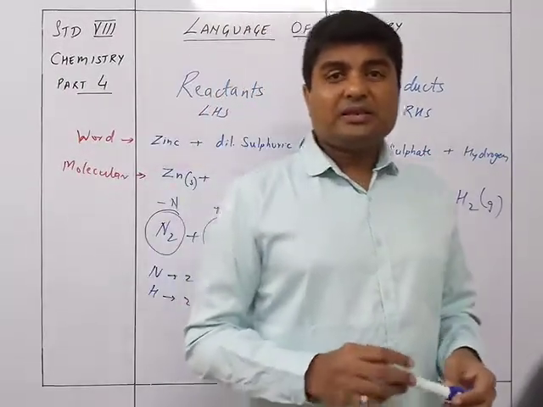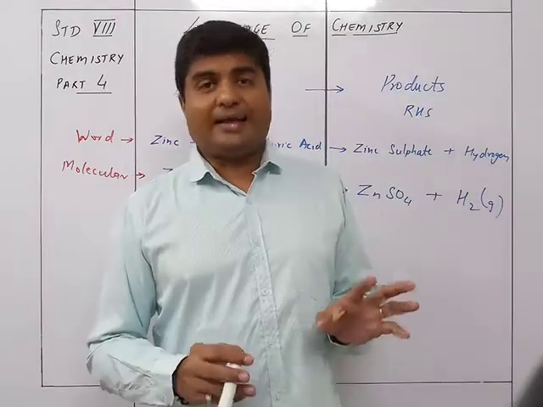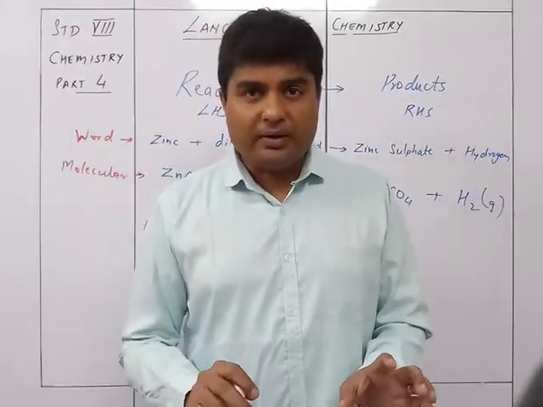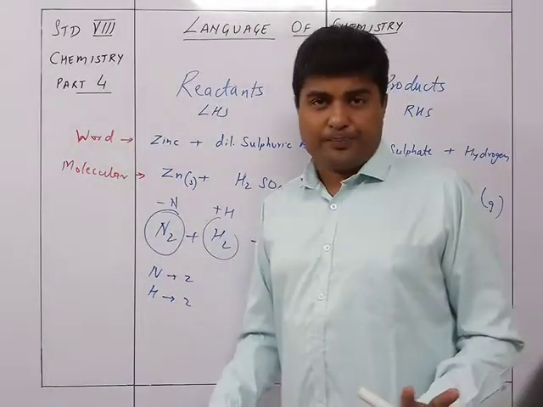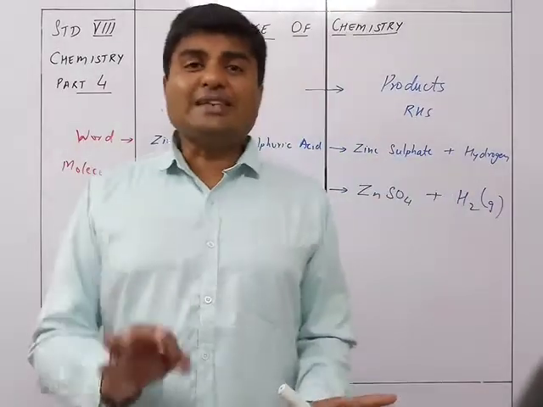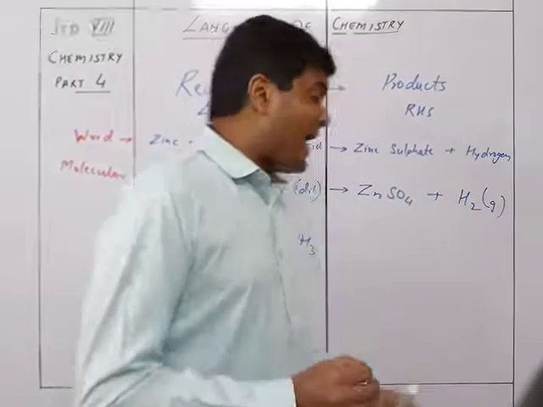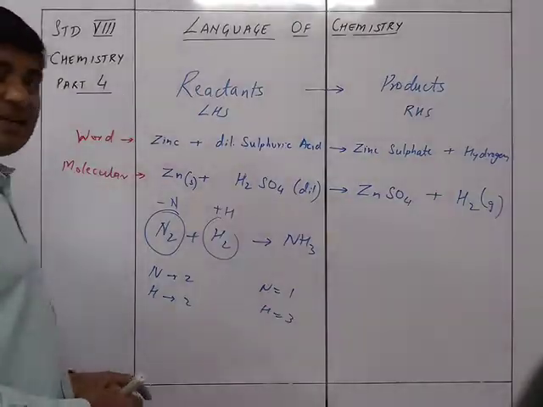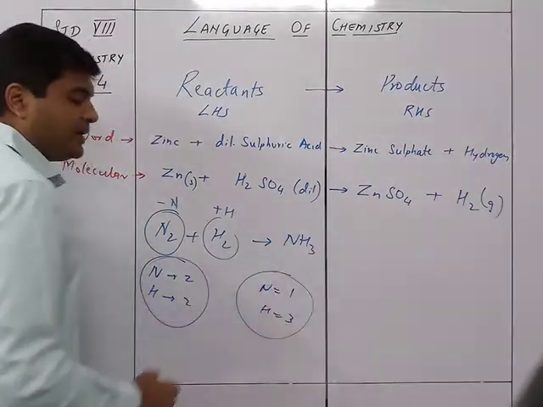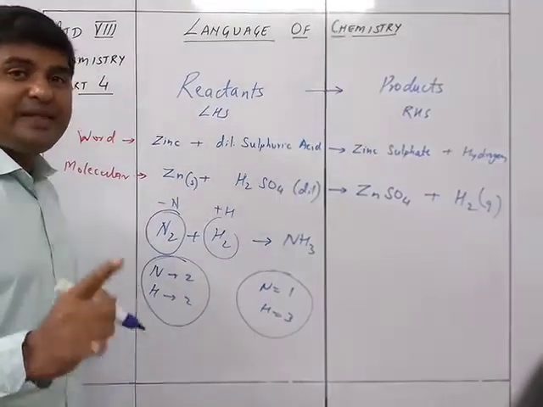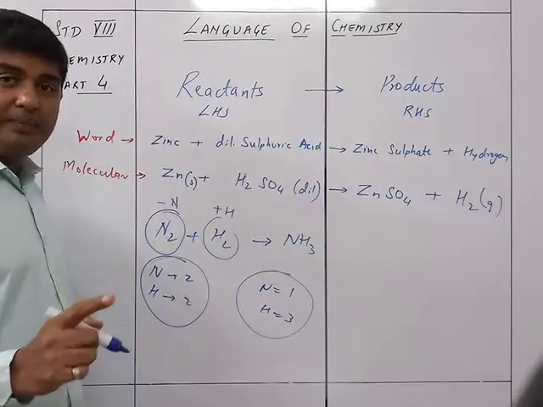That means that the number of atoms of each element on the reactant side and the product side is not the same. So in such conditions, I will need to add some numbers such that the number of atoms on the reactant side and the product side of both the elements will become equal.